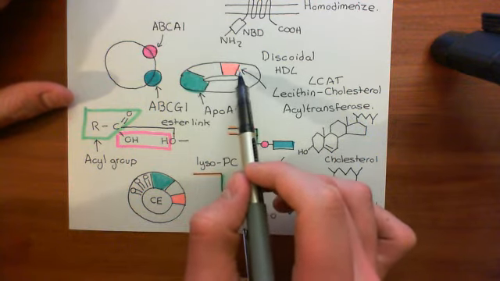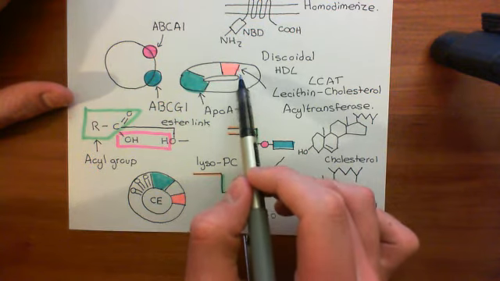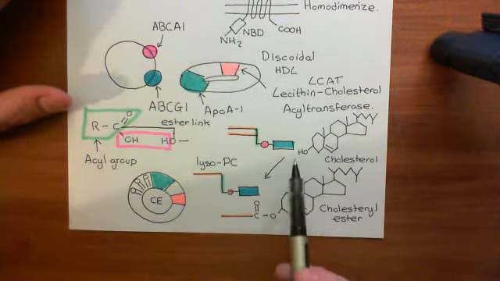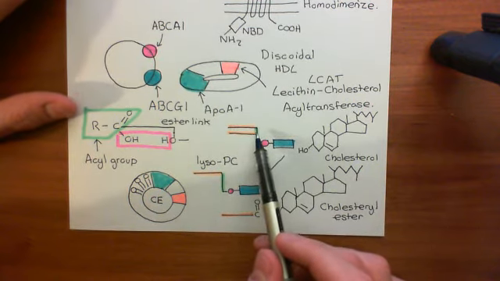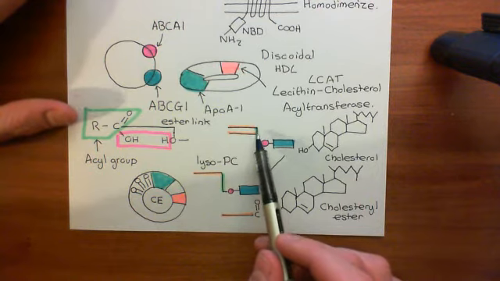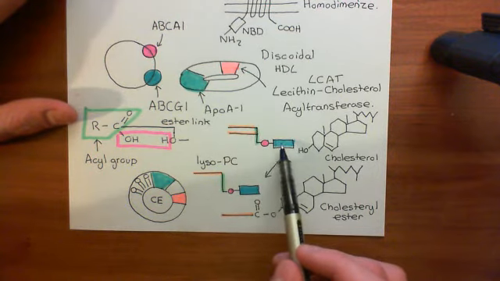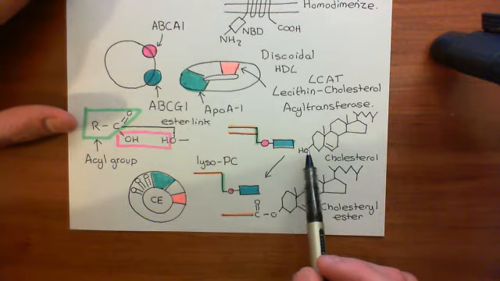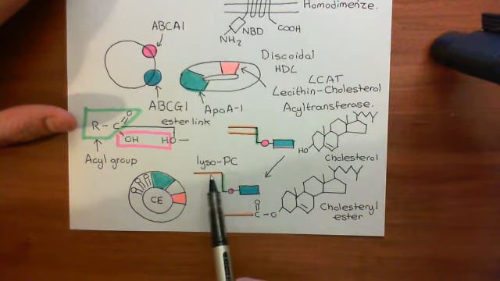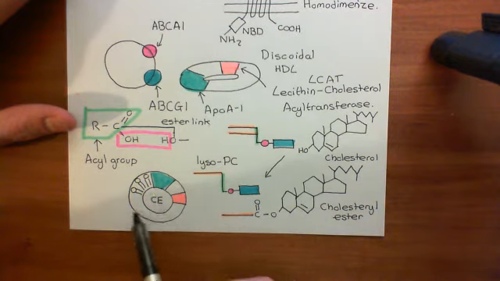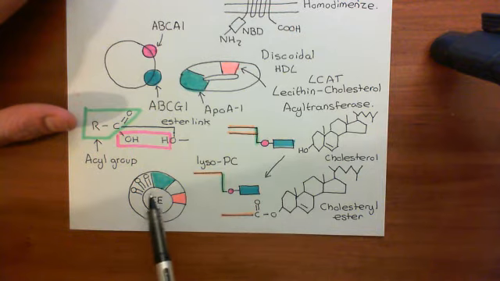But we have this enzyme, lecithin cholesterol acyl transferase, which will transfer a long-chain carboxylic acid, which is esterified to the second alcohol group of the glycerol molecule within a lecithin molecule, onto the alcohol group of a cholesterol molecule, creating us a cholesterol ester and a lysophosphatidylcholine molecule. The lysophosphatidylcholine, also called lysolecithin, will remain in the phospholipid monolayer, whilst the cholesterol ester can go into the lipid core.